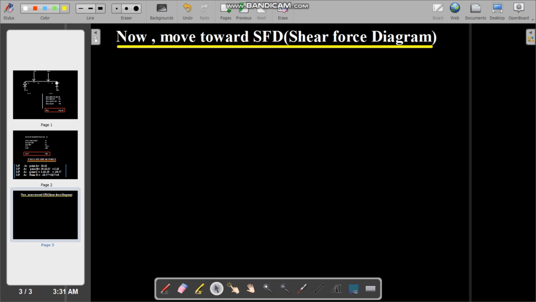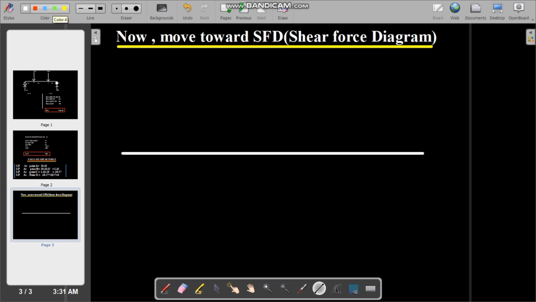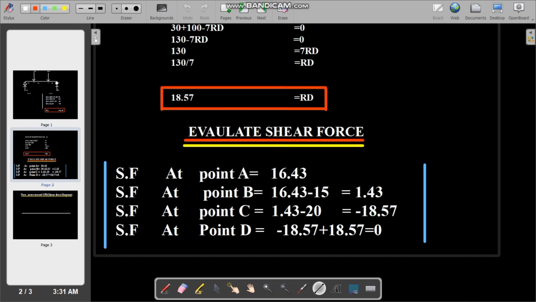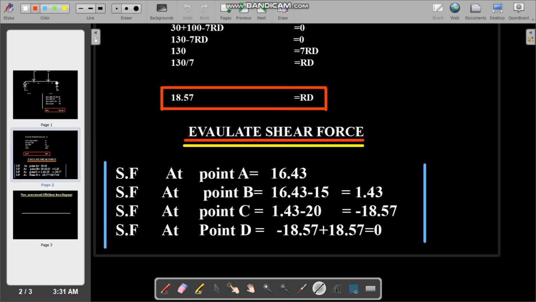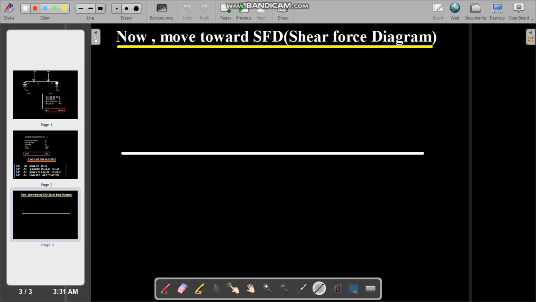We just write down its title here, then we move towards its diagram, so you can understand easily. It's not a big issue. Additionally, I draw a beam with four points, A, B, C, and D. Here you can see the diagram and the values of shear forces.